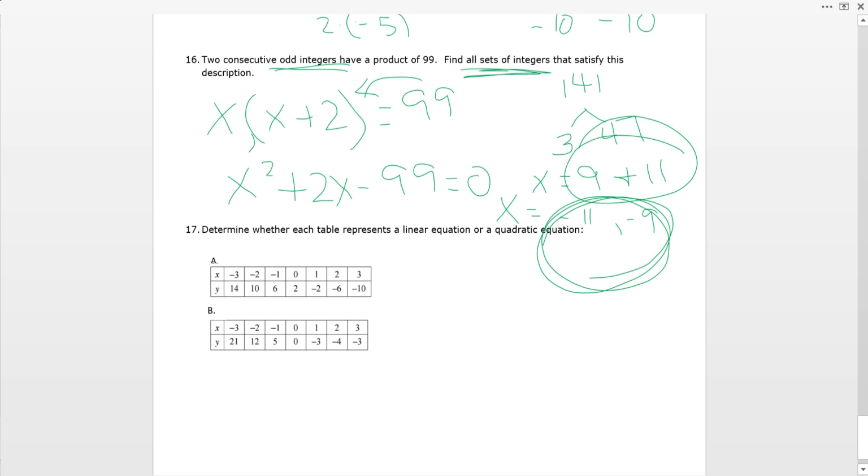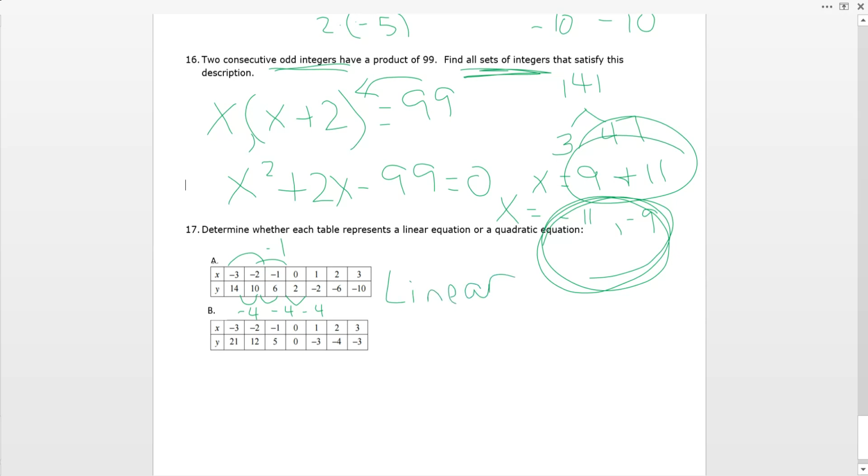Get it? Okay, number 12, really easy. We can just look at the differences. The first one, these are going down by 1, so it's minus 1, minus 1. These are going down by minus 4, right? Okay, so that makes it linear.